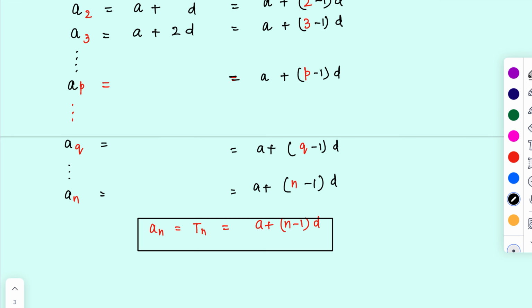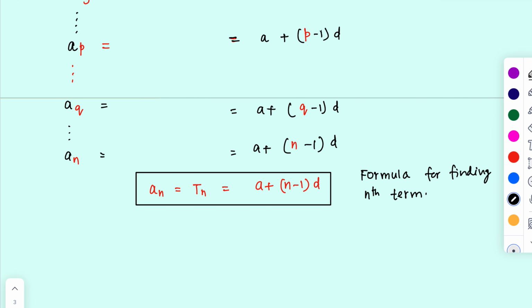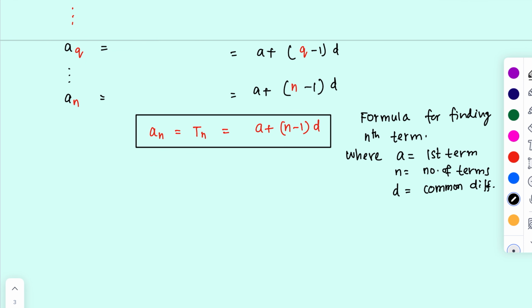This is the formula for finding nth term, that is a plus n minus 1 into d, where a is the first term, n is the number of terms, d is the common difference, and an is the nth term.